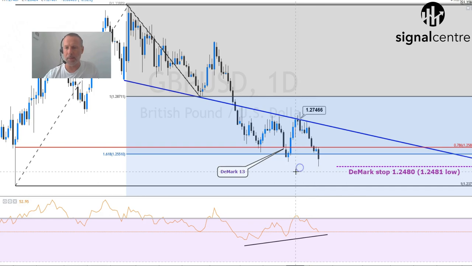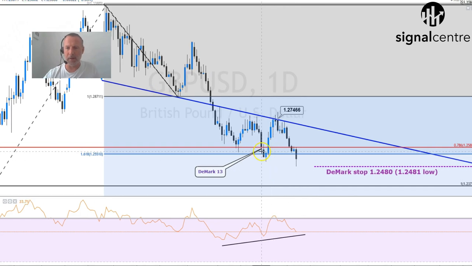The second factor is the DeMark 13 count, and that was posted this day, 14th of June. Now, Peel recommends a stop if you're trading DeMark 13 counts of basically the lowest candle in that 13 count projected from the low of that lowest candle. Sounds complicated, it's not really.